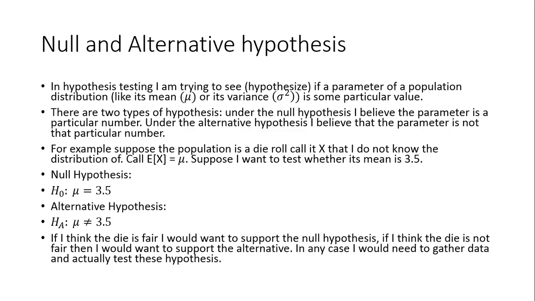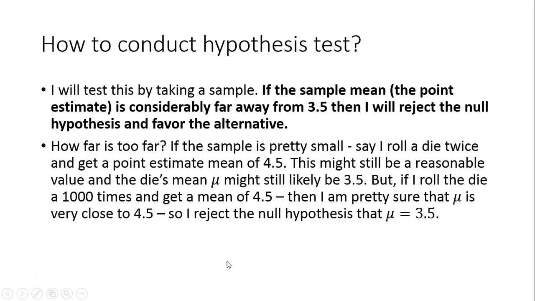So there are two hypotheses I'm testing: the null hypothesis, that the mean is 3.5, or the alternative, that it's not 3.5. If I think the die is fair, I would want to support the null hypothesis. If I think the die is not fair, then I would want to support the alternative. In any case, I will need to gather data and actually test these hypotheses.